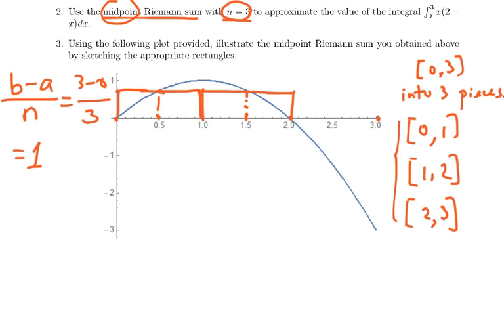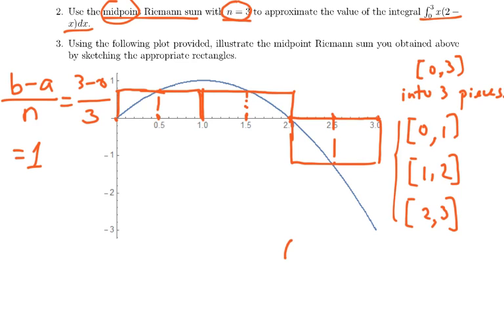Okay, and then for the third part of our interval, which is from 2 to 3, the midpoint here is 2.5, and because when x is greater than 2 the function goes below the x-axis, this time we're going down to hit the function curve, and this will be our third rectangle.